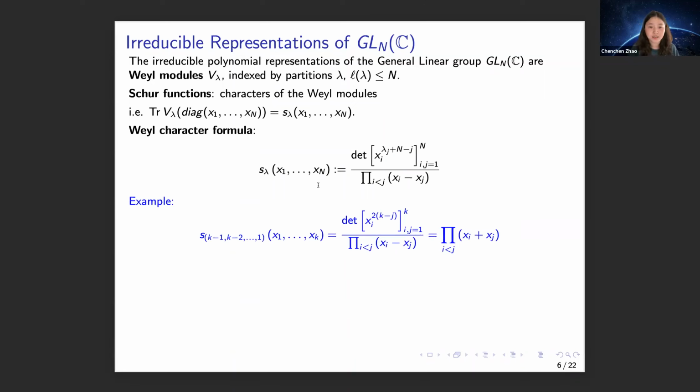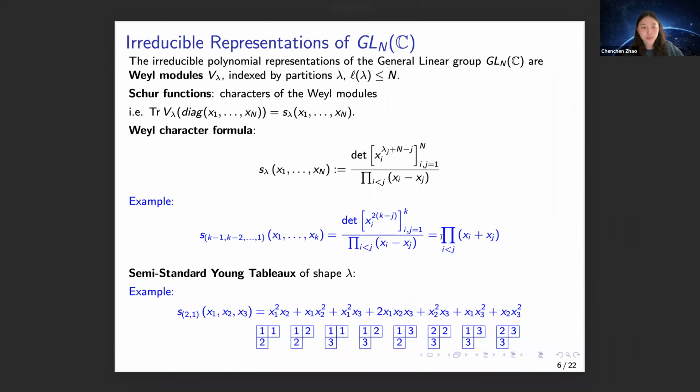So for instance, if we are considering the staircase shape of length k minus 1, we can just plug it in: lambda_j will be equal to k minus j, and then we have the matrix x_i to the 2 times k minus j, and this will be equal to the product of x_i plus x_j with i less than j, indexing over all possible values. And there's a combinatorial way to write out the Schur functions.